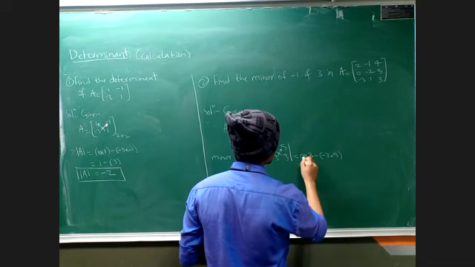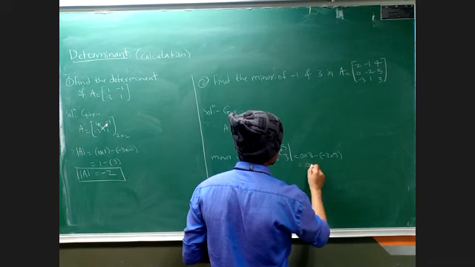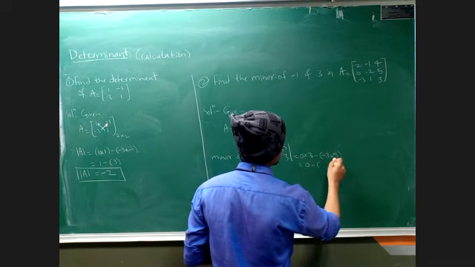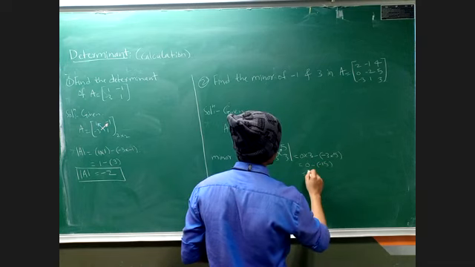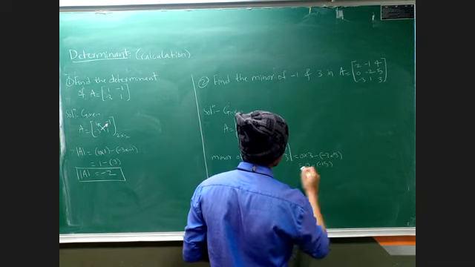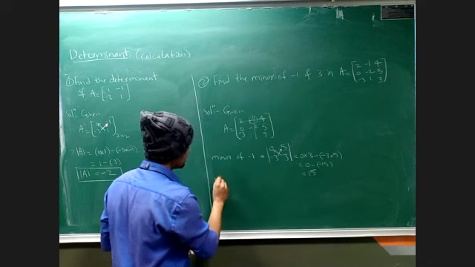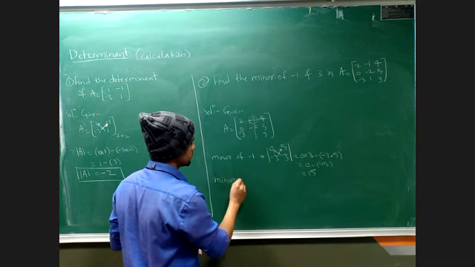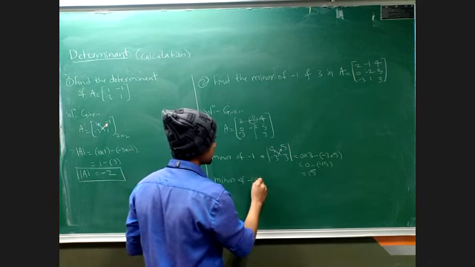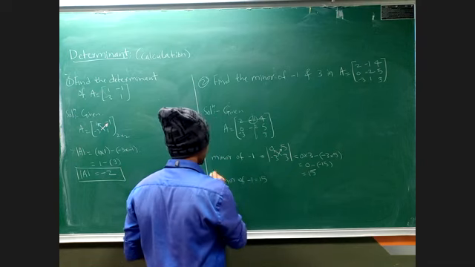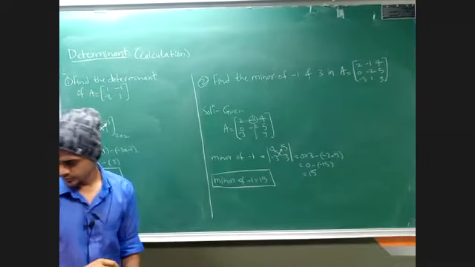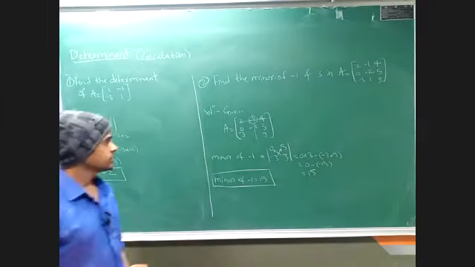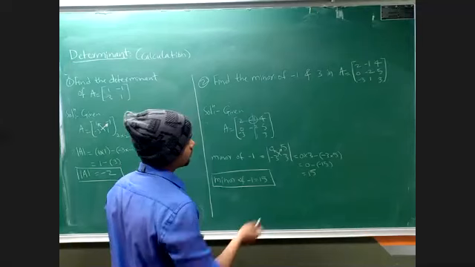Here 0 into 3 is 0, minus 3 into 5 is -15, then the minus becomes positive. So here 15. So the minor of -1 will be 15, sorry.